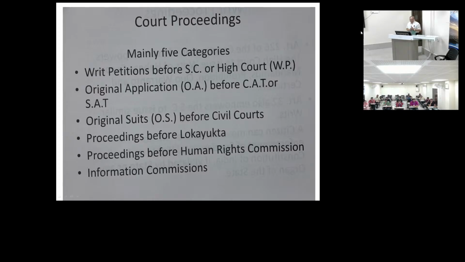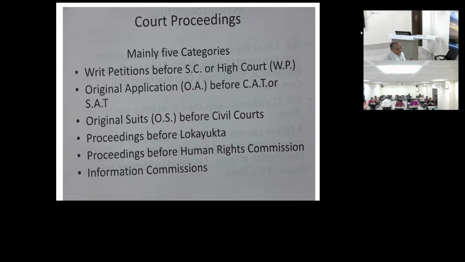These are the court proceedings. When it is in the Supreme Court or the High Court, it is said as writ petition. Then when it is in the Central Administrative Tribunal or in the State Administrative Tribunal, it is called original application. Normally we say OA. OA का meaning क्या है?